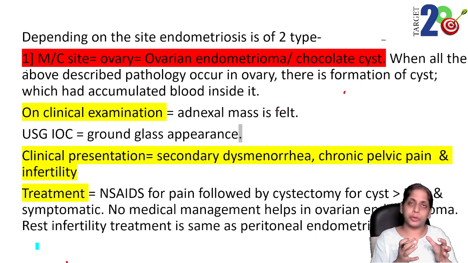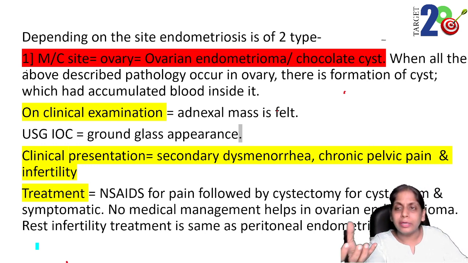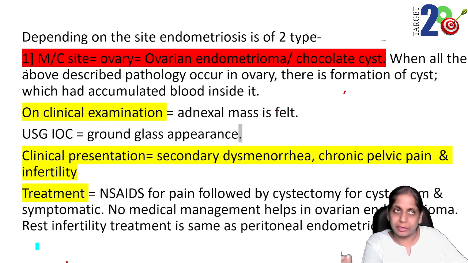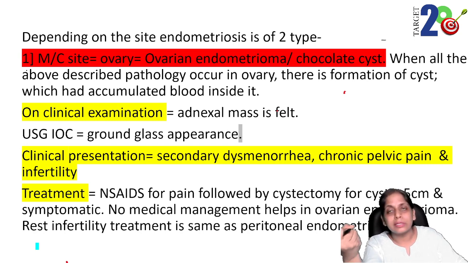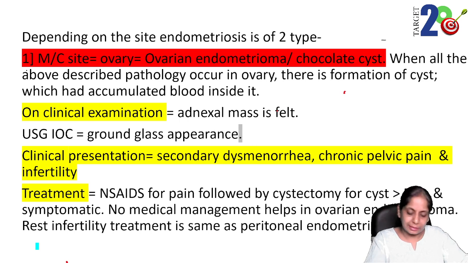This blood will get accumulated, and most of the time the accumulated blood, when we are doing laparoscopy or surgery for it, is seen as a chocolate colored fluid, and that is why it is known as the chocolate cyst. Due to the accumulation of blood, the ovary has a cyst in it, and because a lot of blood has accumulated, this blood becomes chocolate color, and this cyst is known as the chocolate cyst.